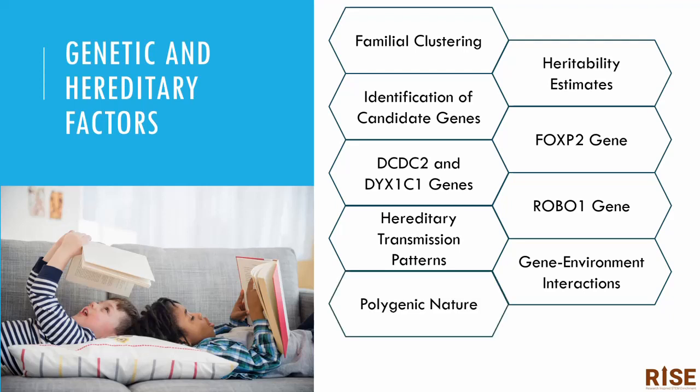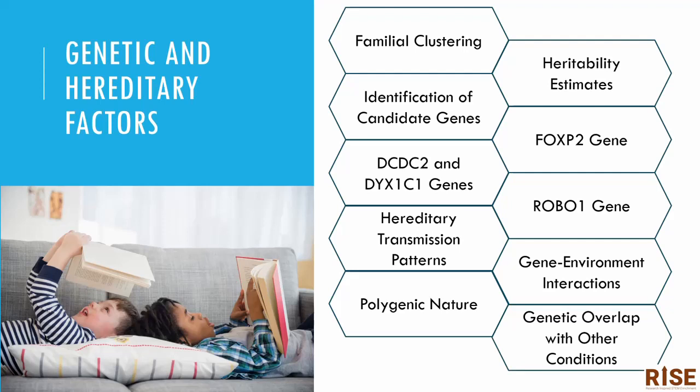Polygenic nature. Dyslexia is considered a polygenic trait, meaning that multiple genes contribute to its manifestation. The complexity of dyslexia's genetic basis involves the interplay of several genetic factors, each making a modest contribution to the overall risk.